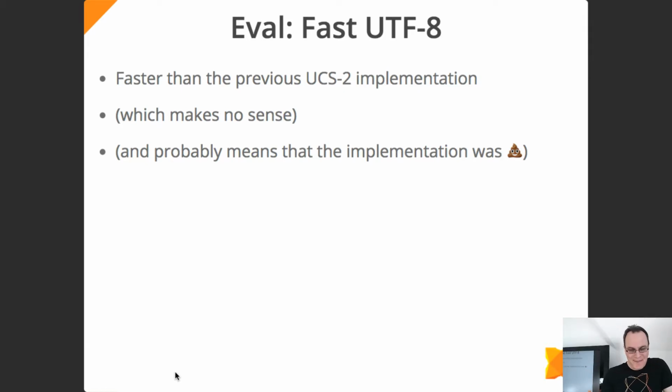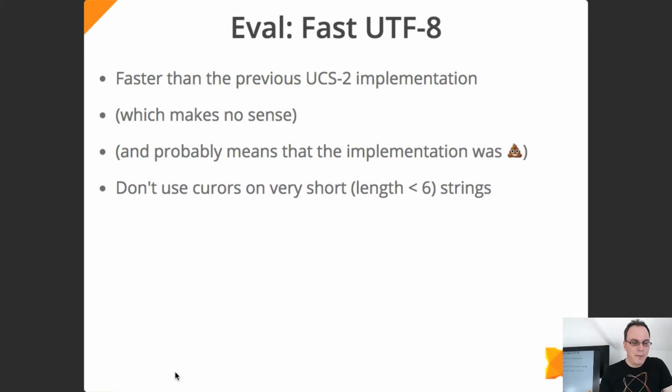But anyway, some more details on these cursors. We don't use these cursors on very short strings because it's not worth it, plain and simple. If you have a string of length 5, you can basically always start from the beginning, because in the worst case you go 5 steps, and that's okay. That probably doesn't warrant the additional memory we use, so that's fine.